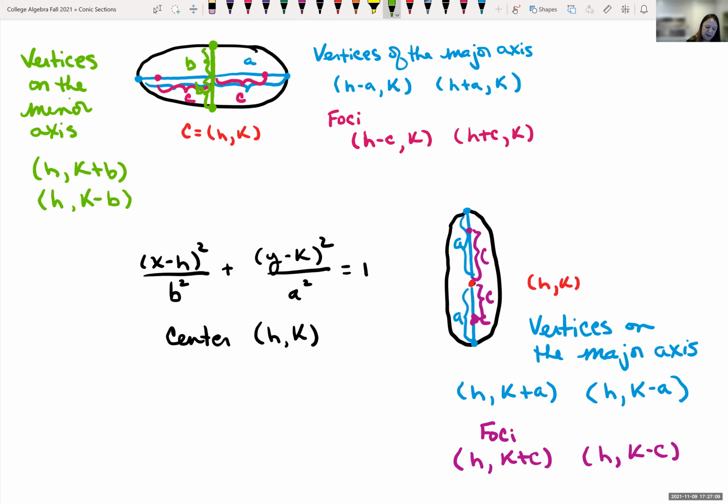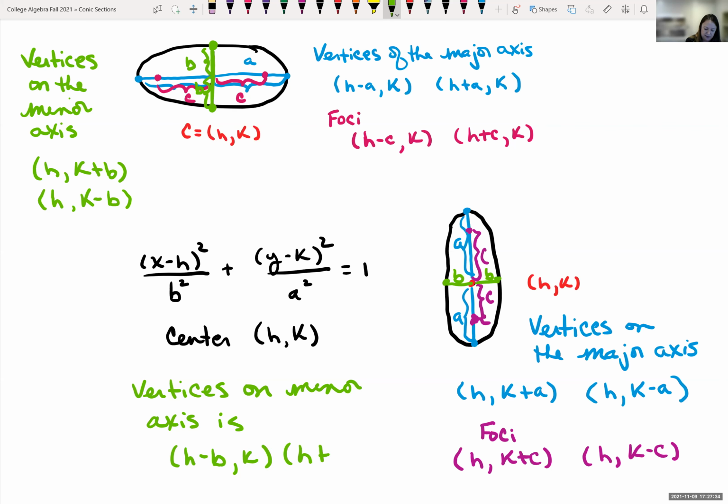And the vertices on the minor axis, that length is always 2b. So we're going to go over b to the left and to the right. So vertices on the minor axis are h minus b, comma, k and h plus b, comma, k.